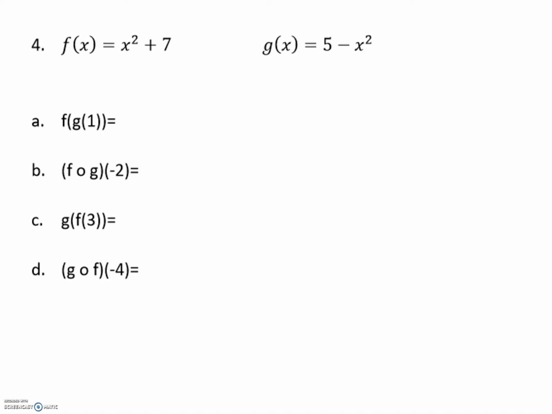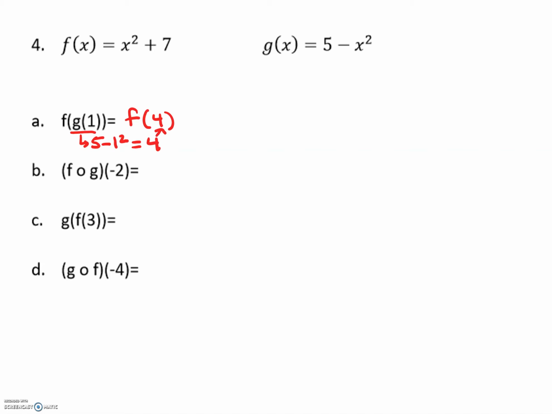So notice part A is already rewritten for me. So f's on the outside, g of 1 is on the inside. The first thing I have to do is figure out what g of 1 equals. So I'm going to go to my g function. 5 minus, I'm going to replace x with 1. So 5 minus 1 squared is going to be 4. So now g of 1 is 4.